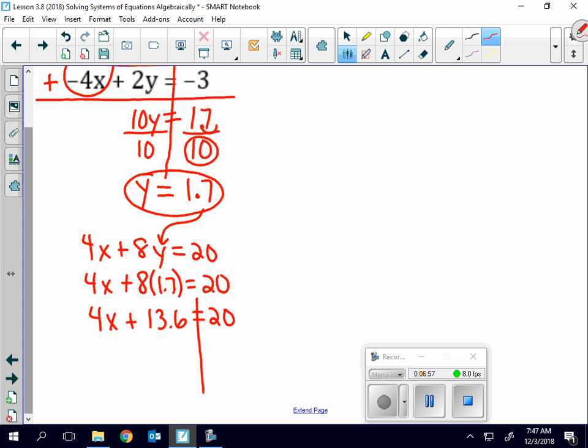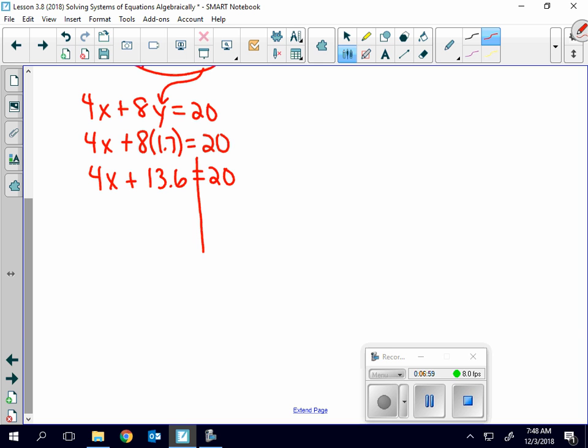Okay, now that I'm solving, I'm going to draw my line. I know I need to get everything away from the x, so I need to subtract 13.6 first. And that's going to be a 6.4 over here. 13.6 cancels out, and 4x on that side.